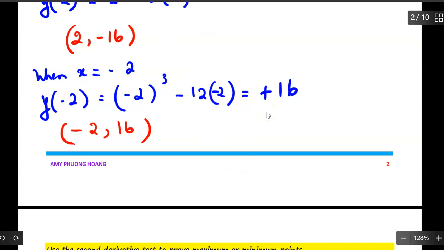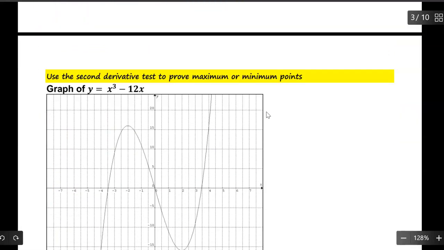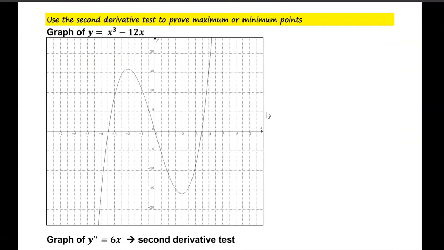So what I'm going to do is show you and also prove to you that if we do the second derivative test, a negative will make this one a maximum, while a positive will make this one a minimum. So let me draw the face again.